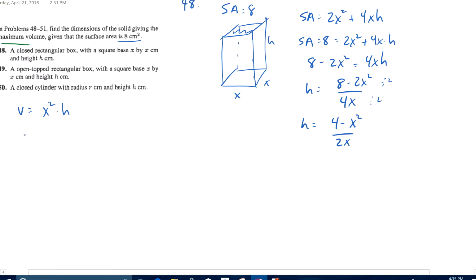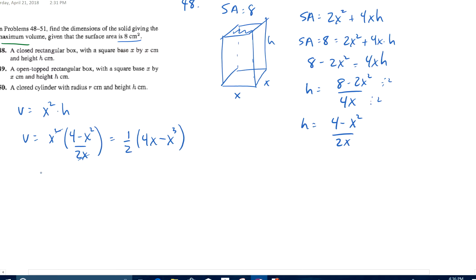So that gives me volume is x squared times 4 minus x squared over 2x. If I cancel the x's, one of those and one of those, I get 1/2 times 4x minus x cubed. Makes sense?